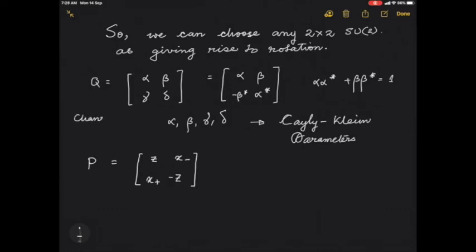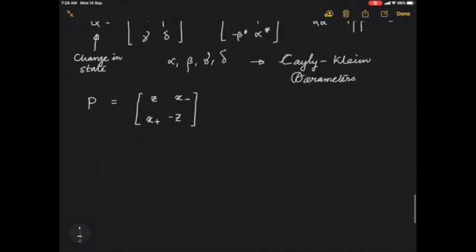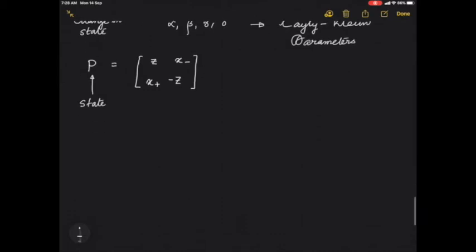So this is change in orientation, change in state. State is the orientation in this case. That is represented by this. And the state itself, the state of which angles it is represented by P.